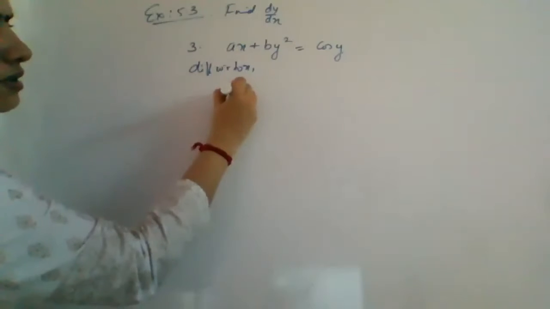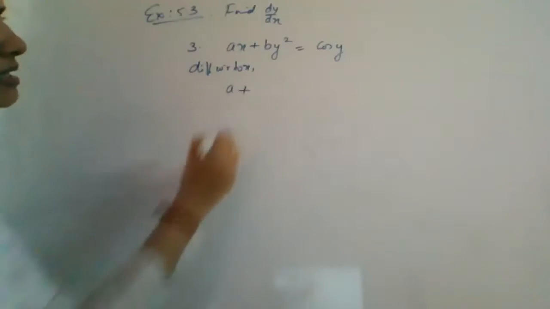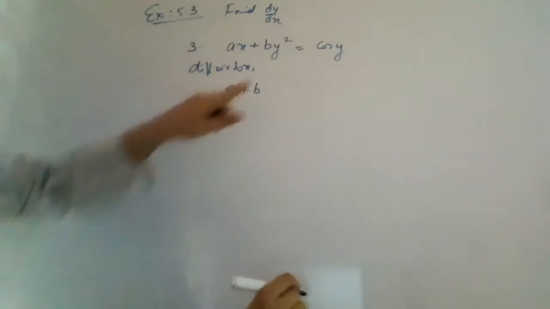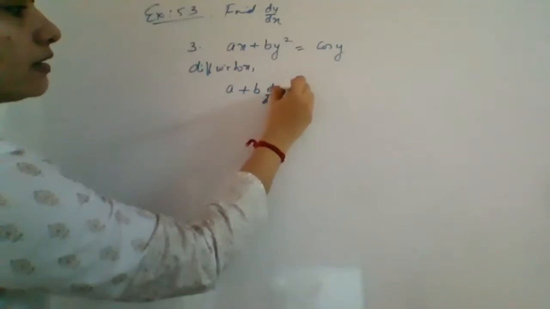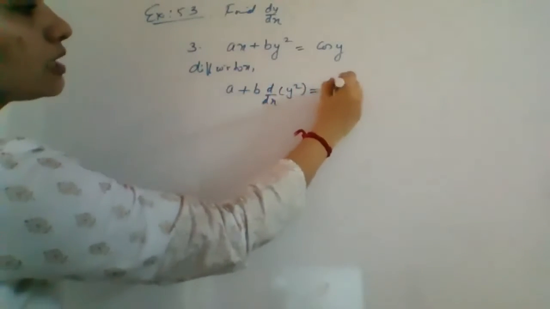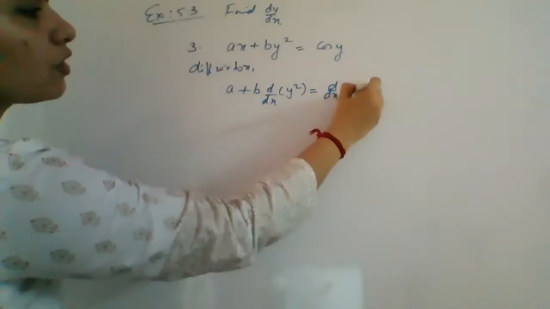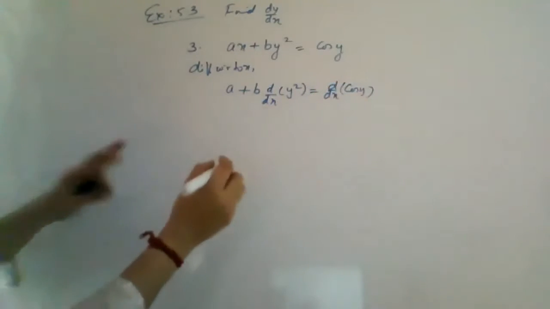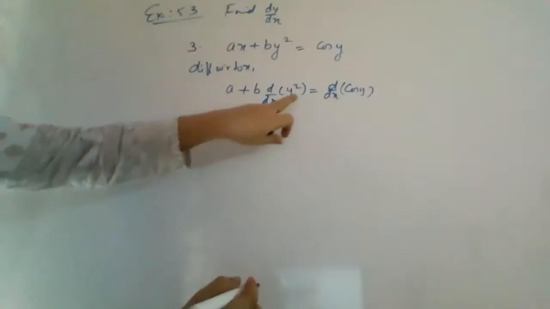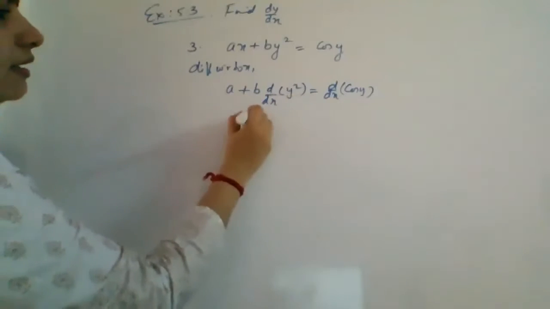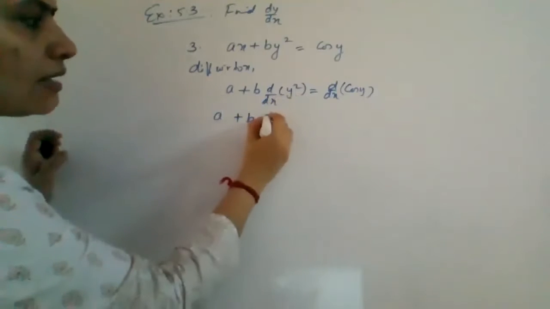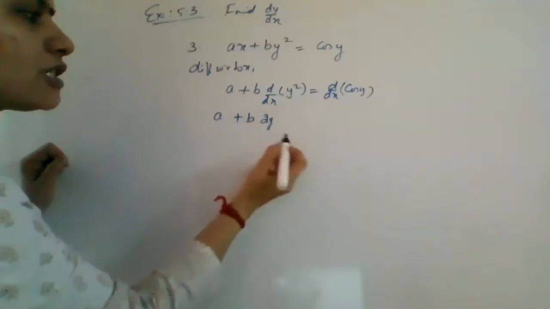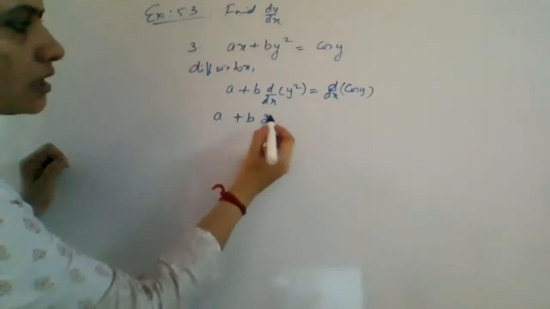A is a constant, so you will get a into 1 plus b into derivative of y square, d by dx of y square, is equal to d by dx of cos y. Okay, so here since it is d by dx of, you cannot write directly as 2y, but since it is with respect to x, again you have to differentiate this y.